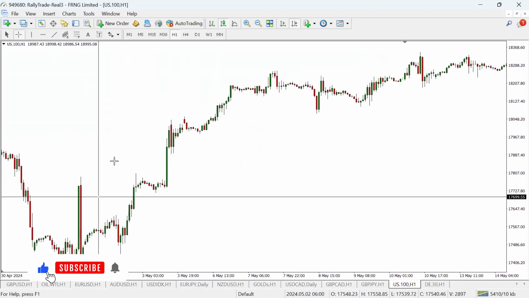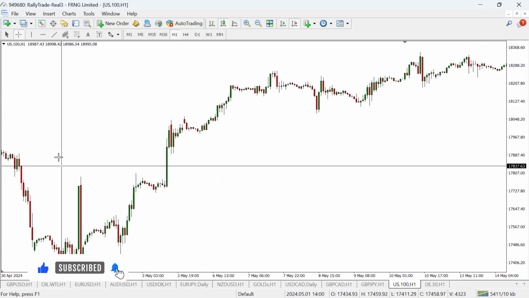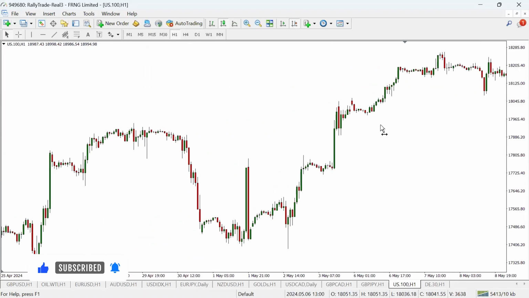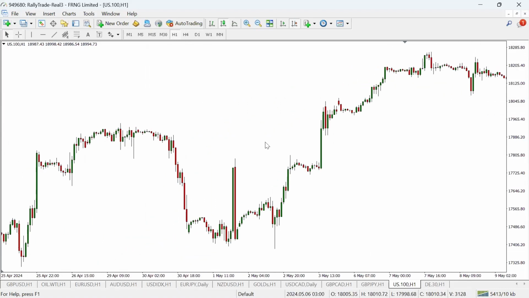Now, if we come to the chart, let's say we just open our laptops, open your phone, and the first thing you see is this particular chart. How do you take advantage of it? The first thing you need to do is identify what trend the market is on.